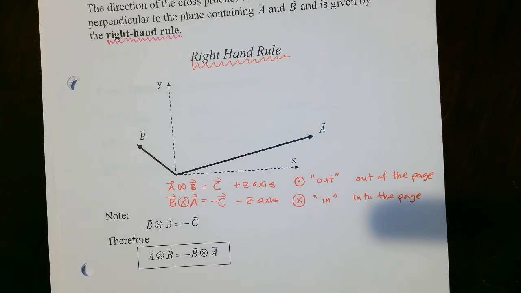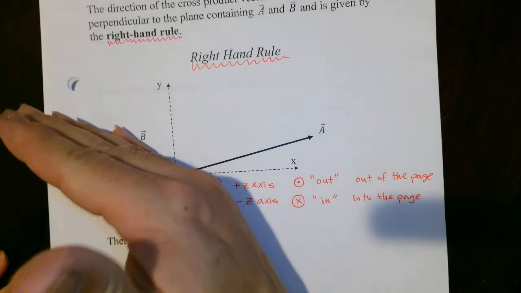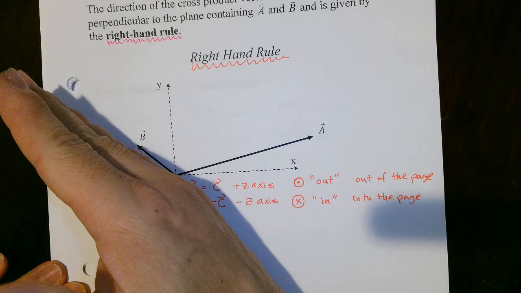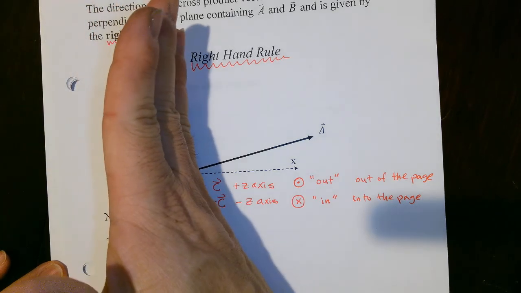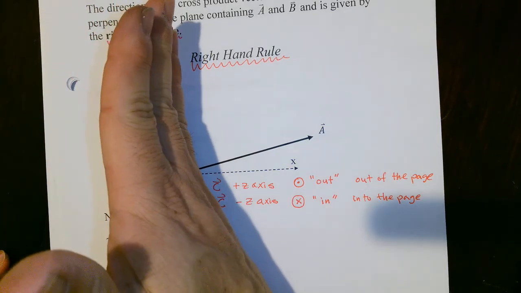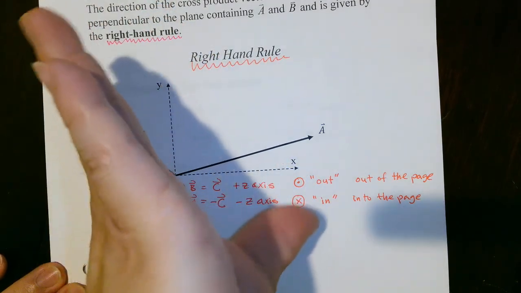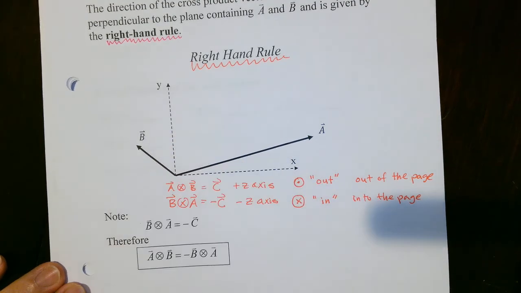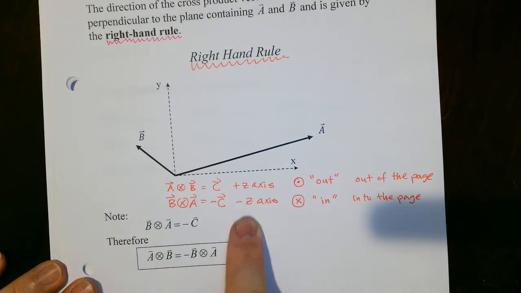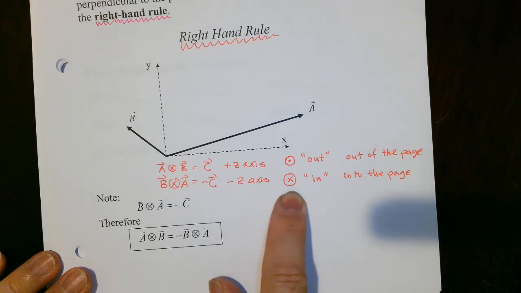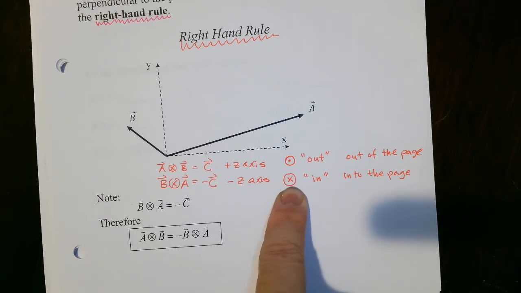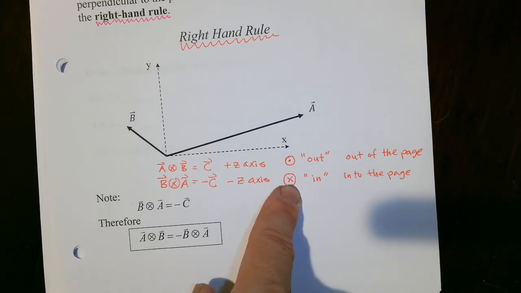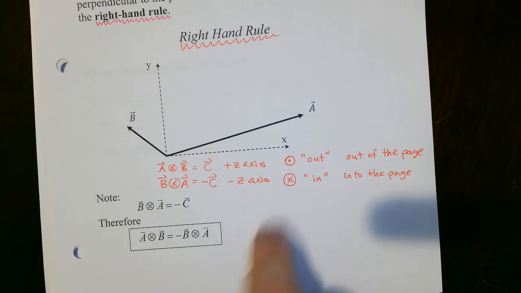All right. Now, if I want to do B cross A, I place my fingers along the first vector I'm crossing, which is B, and I curl it towards A. I can't do it. So I have to flip it and then curl it towards. Oh, there you go. Now look at my thumb. It's pointing into the page down the negative z-axis, and that's into the page, and that cross with circle in it is the representation of the arrow feather you'll see when it's going into the page, because you only see the feathers of it.